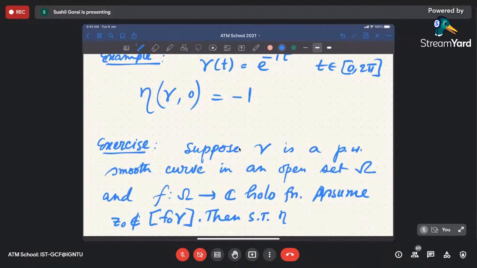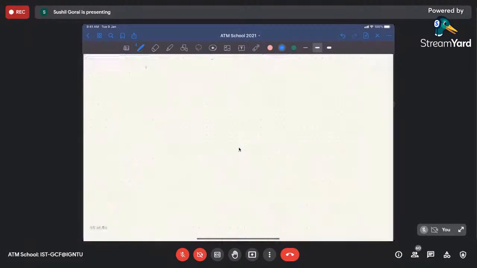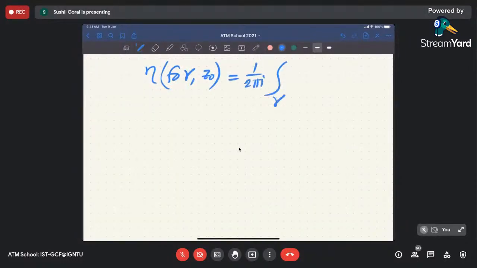Let's go to the next page. Show that the winding number of f compose gamma with respect to z0 can be given in terms of an integral formula like this: f prime(z) by f(z) minus z0 dz.